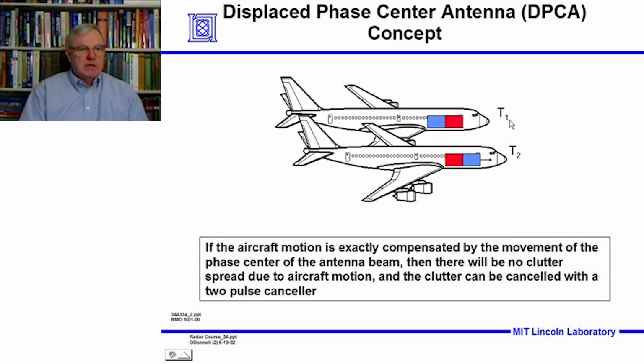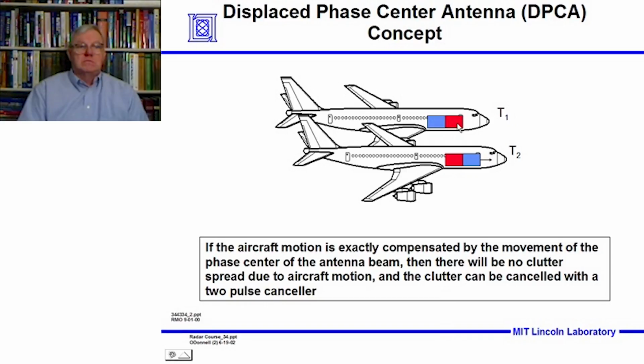And at time t1, the aircraft is located right here. Say, for instance, we illuminate the elements in this half of the antenna, the forward half, and generate a beam, and it looks down for targets in the air, and also our targets on the ground, but it also has that ground clutter it's got to cancel out.